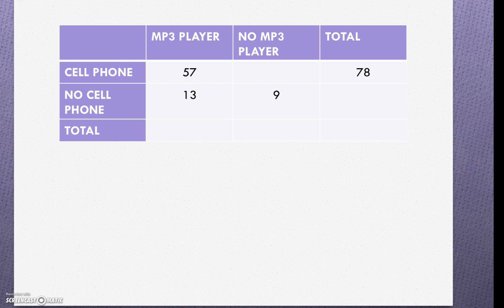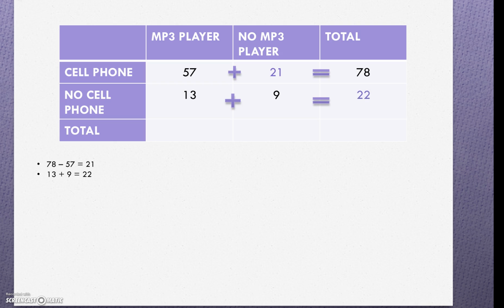So, we would just fill in these x's, which is pretty simple. To find our first row, you would do 78 minus 57 and get 21, and you just put that where the x is. And for our second row, we would do 13 plus 9 to get your total, which is 22.